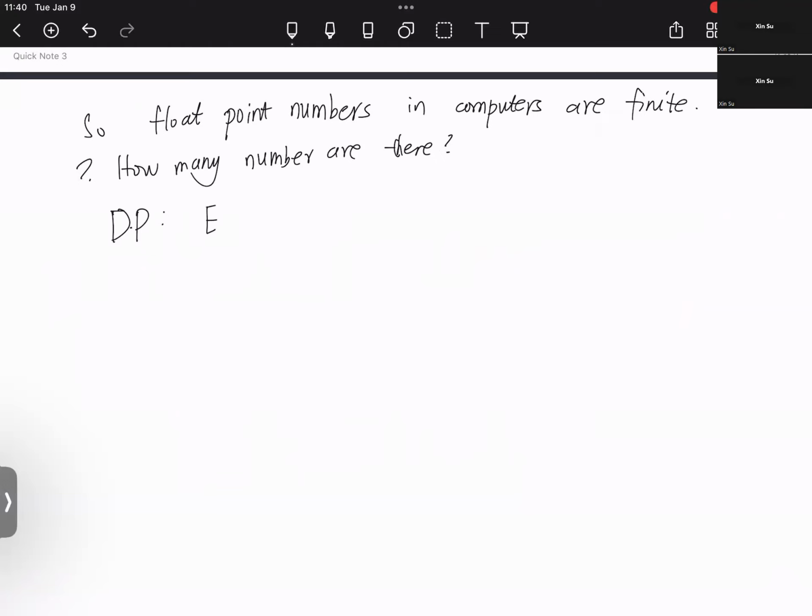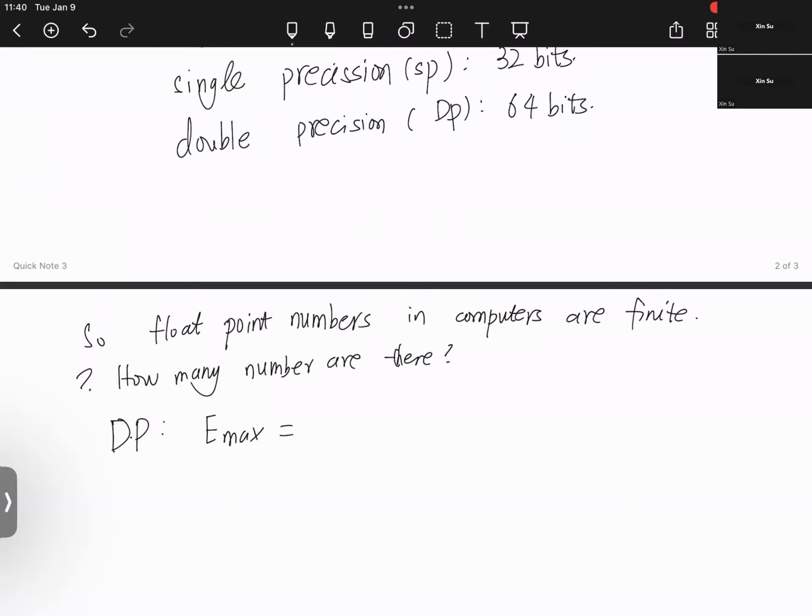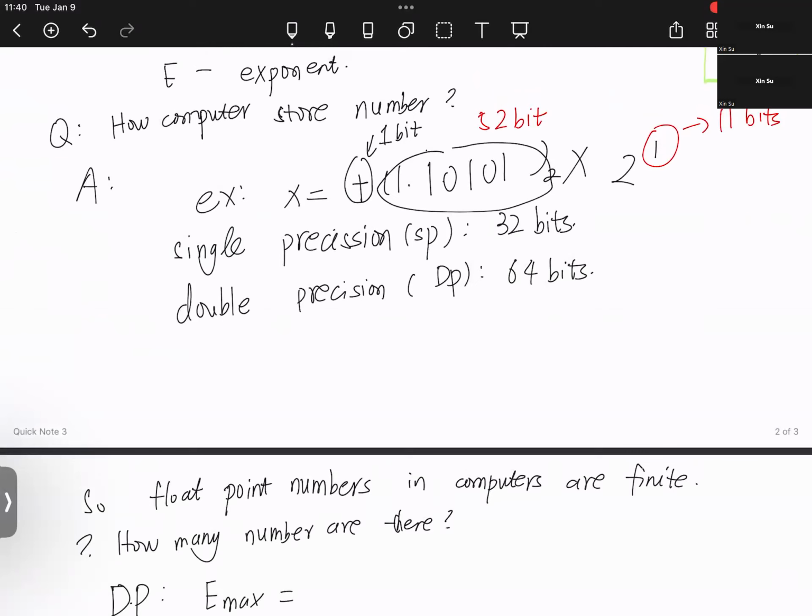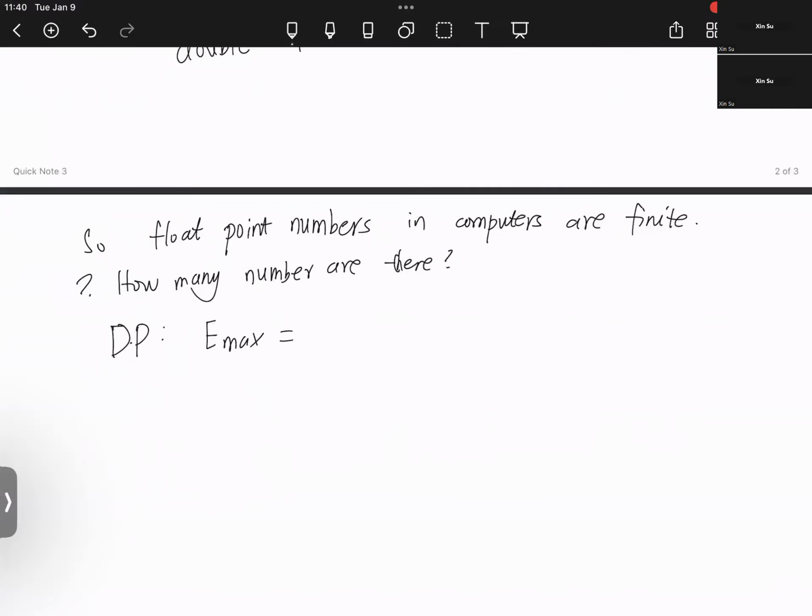The maximum of the exponent, because we have 11 bits, could be 2 to the power of 11, which is 2048. So the exponent could be as big as 2048.